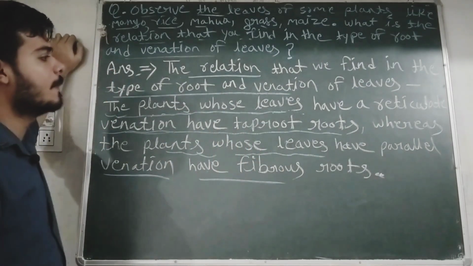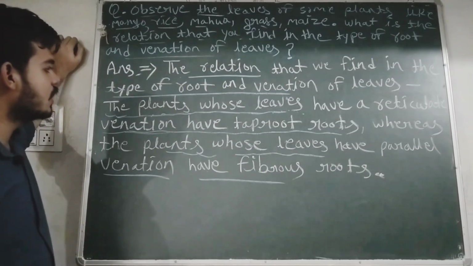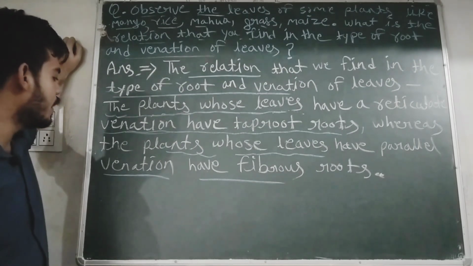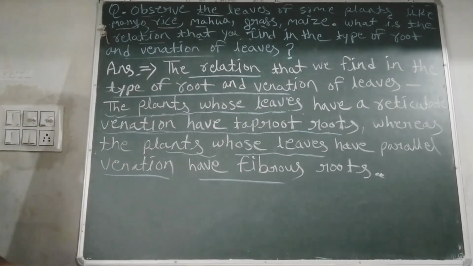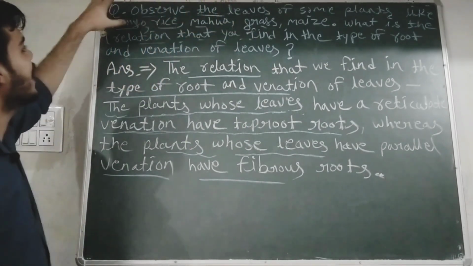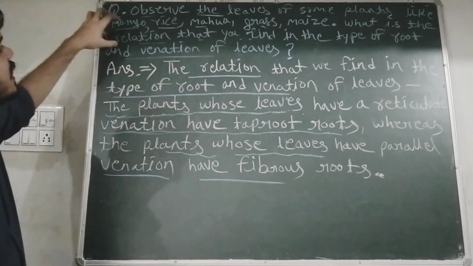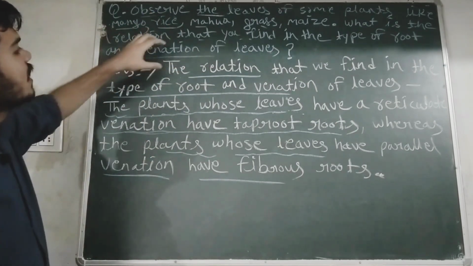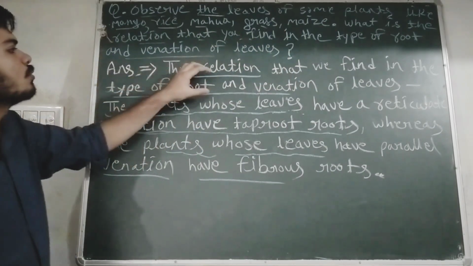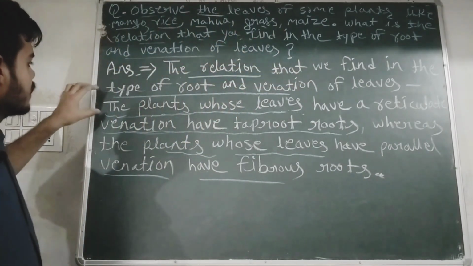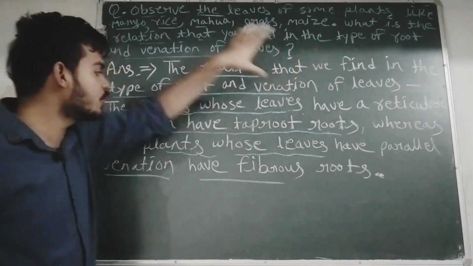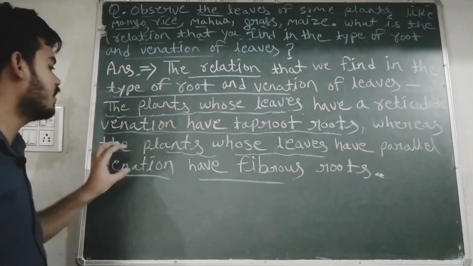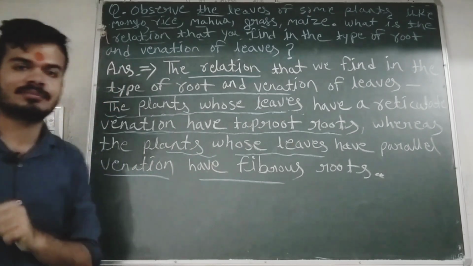Means if a plant has reticulate venation, it has taproots, and the plants whose leaves have parallel venation have fibrous roots.